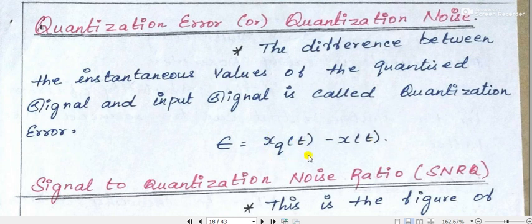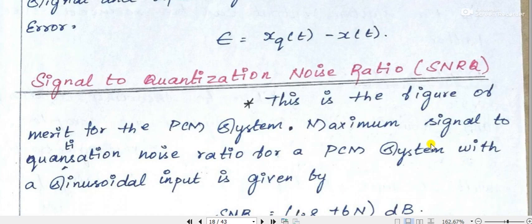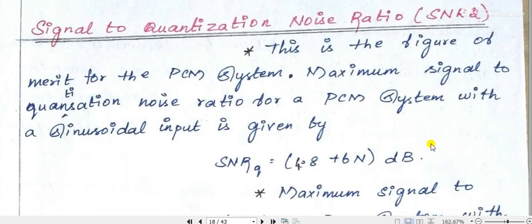Signal to noise ratio generally means the ratio of signal power to noise power, and here the signal to quantization noise ratio is the figure of merit of the PCM system.